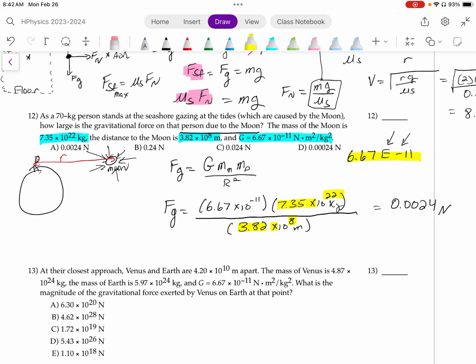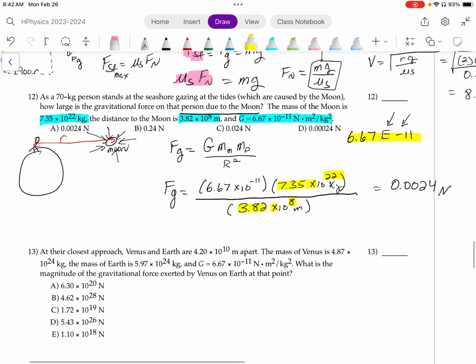If you don't do that and you divide by 3.8 times 10 up caret 8, it will divide by 3.8 and then multiply your entire answer by 10 to the 8th. So be careful. So that answer is A.